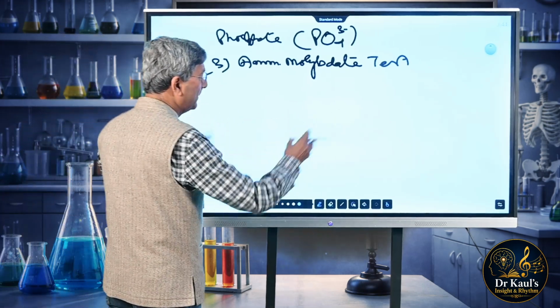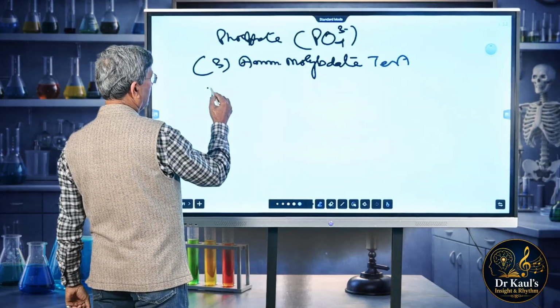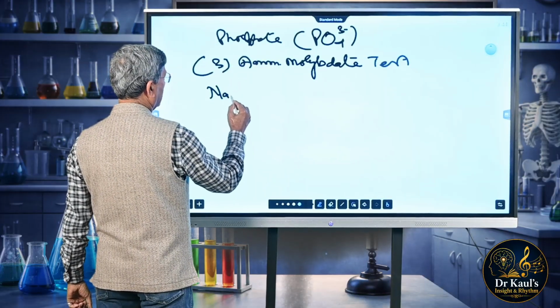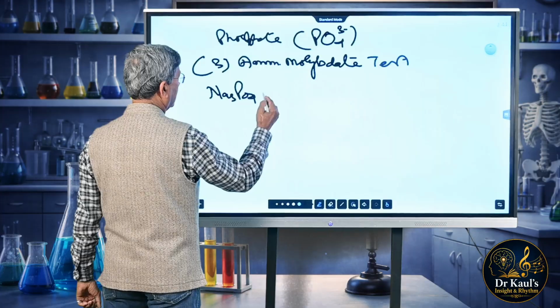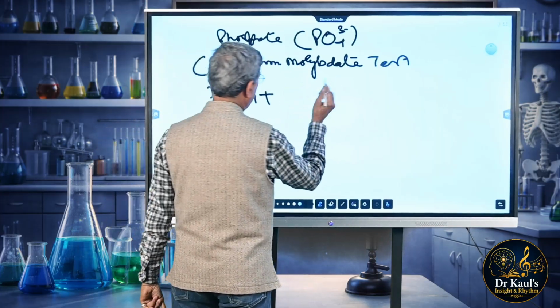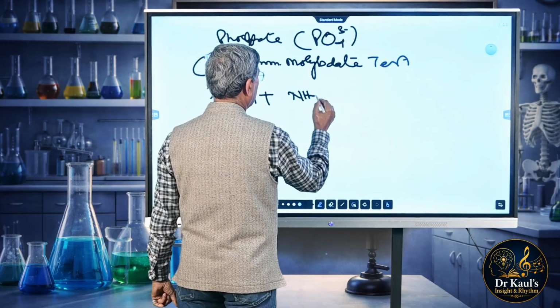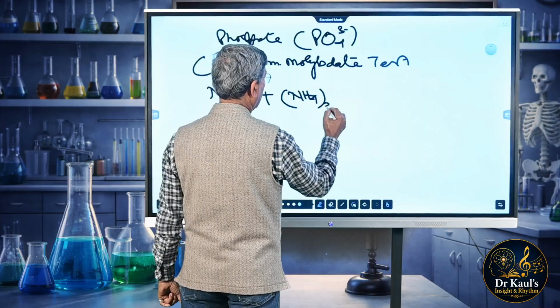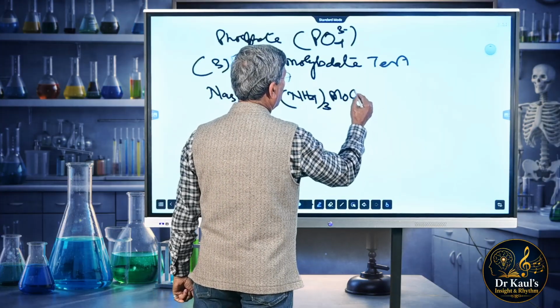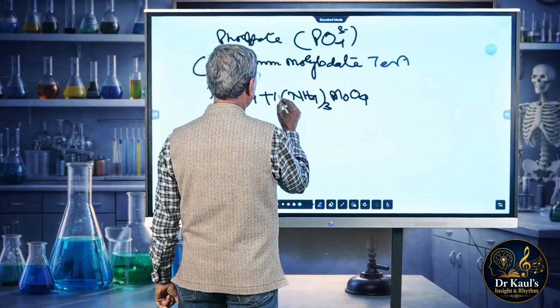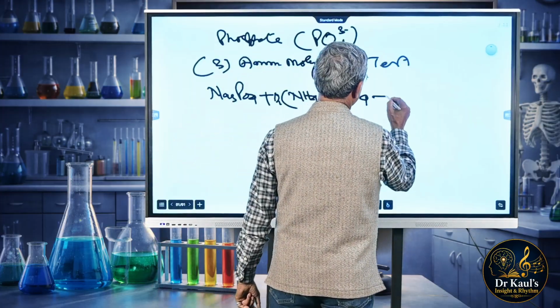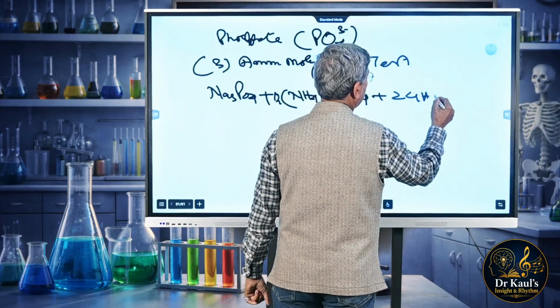I'll be writing the balanced chemical equation for this. Suppose we have sodium phosphate, we add ammonium molybdate to it, plus 24 HNO3.